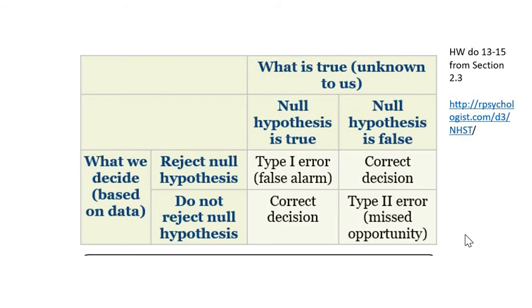So you see those things, type 1 and type 2. Here I said they had breast cancer when they really didn't. That's a false alarm. Over here, I said they didn't have breast cancer when they really did, which is also bad. So either one of these errors, depending, would be bad.